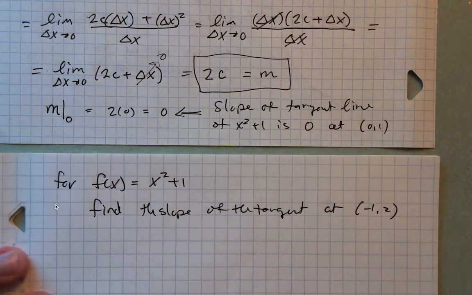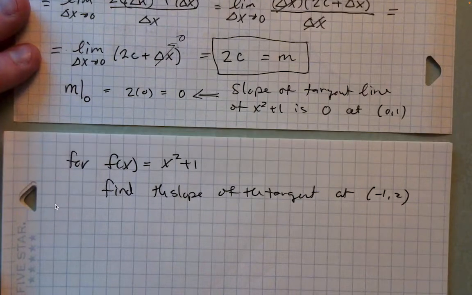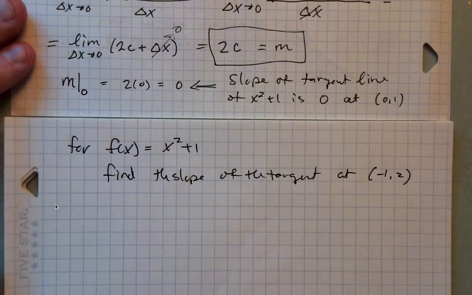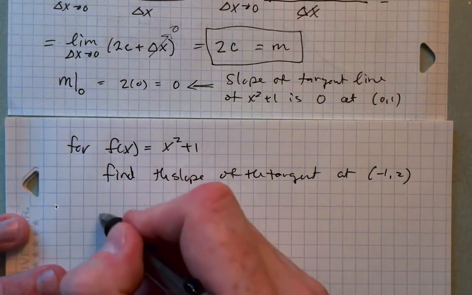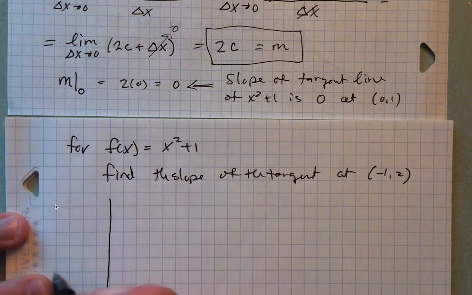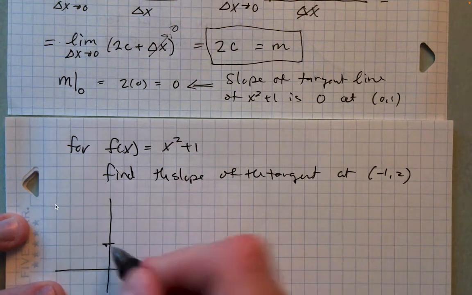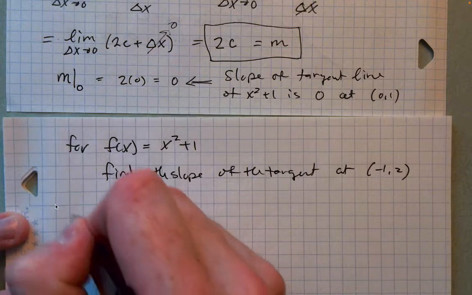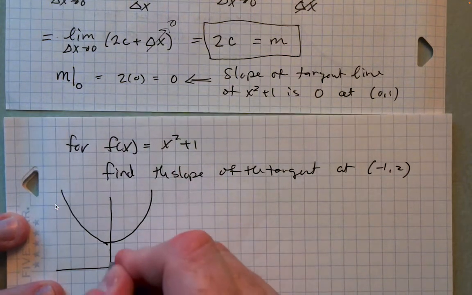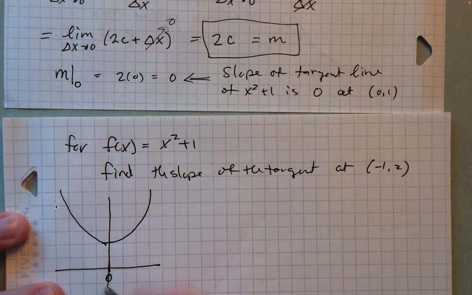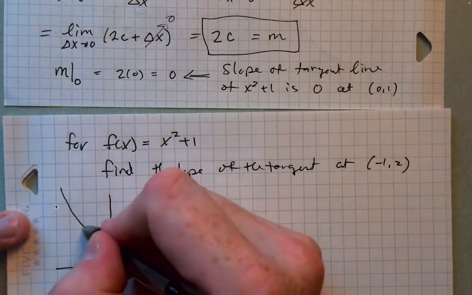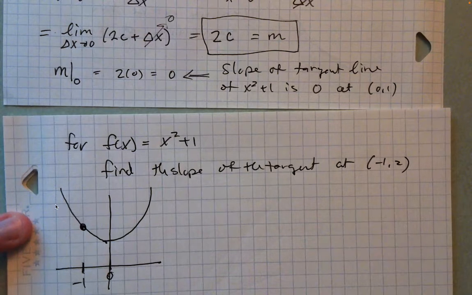This is another point on the curve. Remember our curve looked something like this. Here was 0, we found that one, and if I go over to -1, maybe it's there, so now I'm interested in this. What's the slope there?